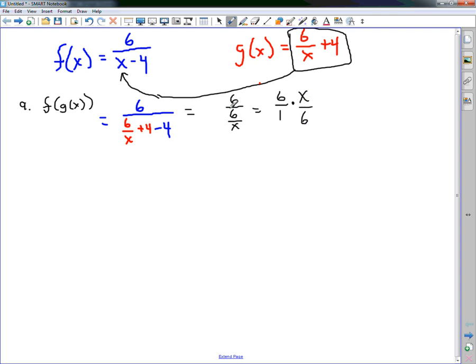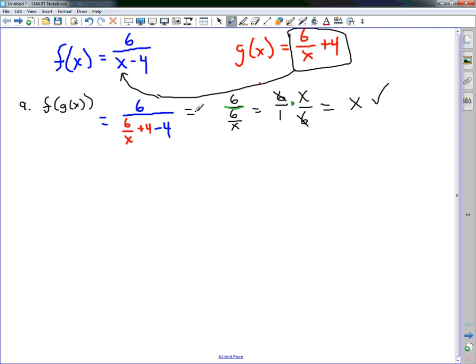Remember, all we're doing is changing this division into multiplication by flipping the bottom, taking the reciprocal. Notice your 6's will reduce now, and we're left with 1 times x and 1 times 1, or just x. So this is what we're looking for. We're hoping that both of these will reduce to just x.